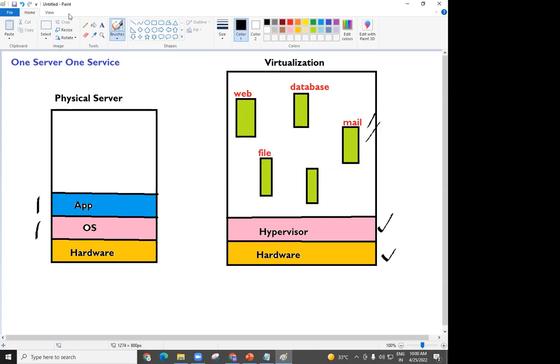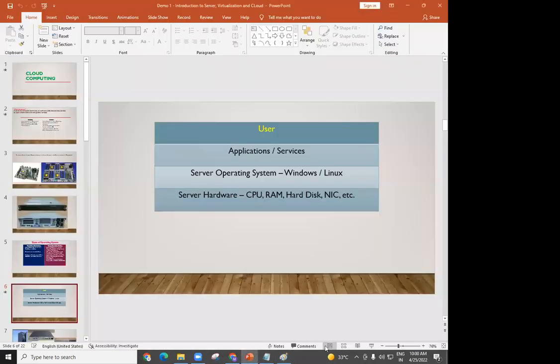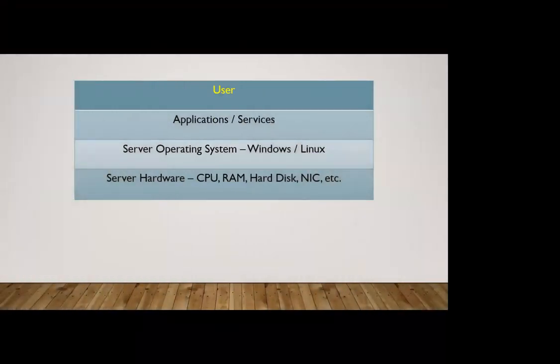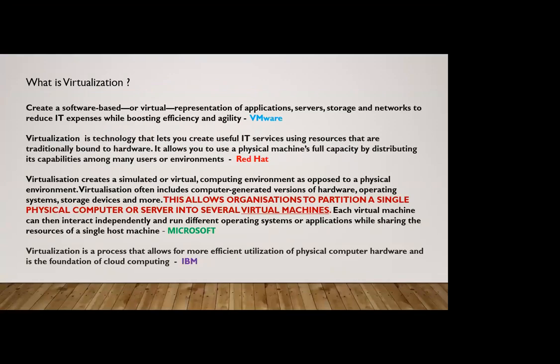Now, what is cloud now? Before we go to cloud, let me just go to the slides here. So I hope you understood now. Server hardware, server operating system, applications or services, then the user. Now what is virtualization here? See the definition.